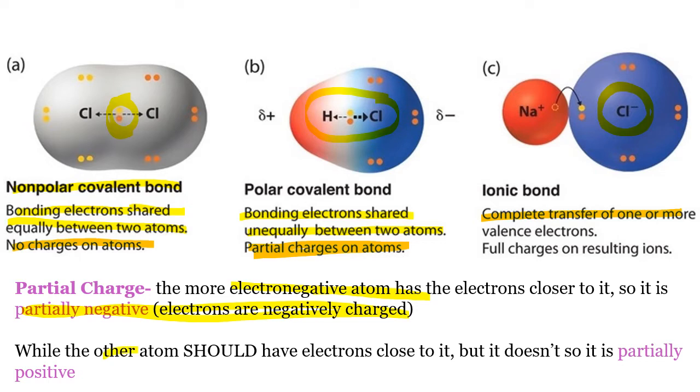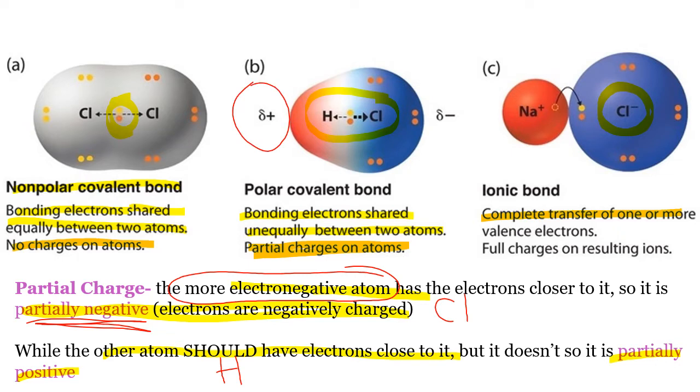And then my other atom, my hydrogen, is partially positive because it should have those electrons close to it, but it doesn't. And so my H becomes partially positive, my Cl is partially negative, and it's the more electronegative one that is partially negative because the electrons are more with it, leaving the other one partially positive.